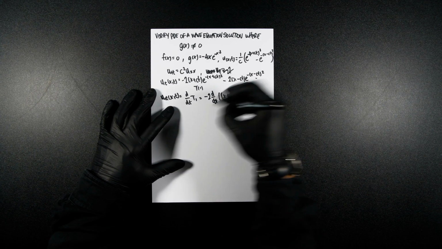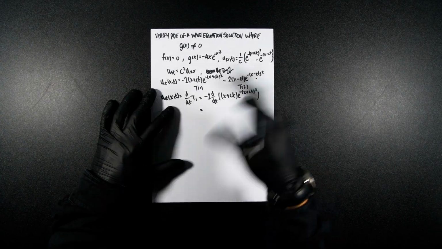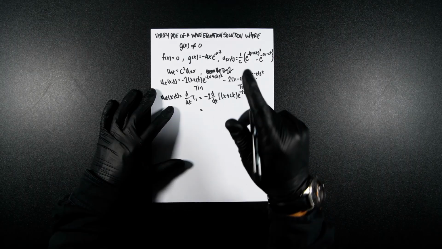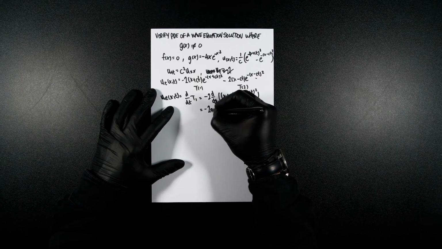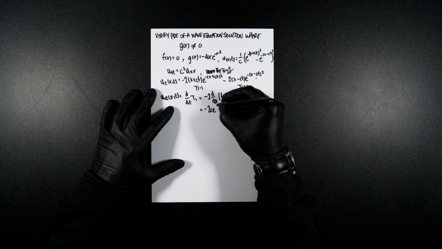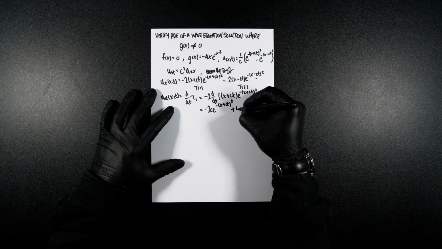By the way, I also have an entire playlist just on partial derivatives, nothing to do with wave equations. Actually, there's some heat equation stuff in there, but I would really recommend going through that playlist if you have troubles with the speed at which I'm doing the partial derivatives here.